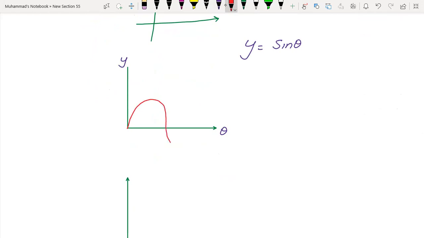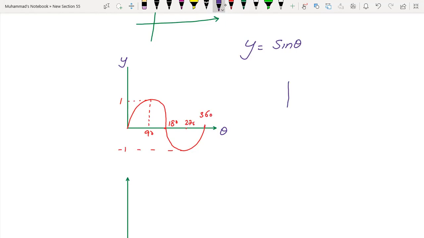It will be of this form. Okay, so at 90 degrees, sine of 90 is 1. At 180 degrees, it is 0. At 270 degrees, it is -1. And at 360 degrees, it is 0 then.